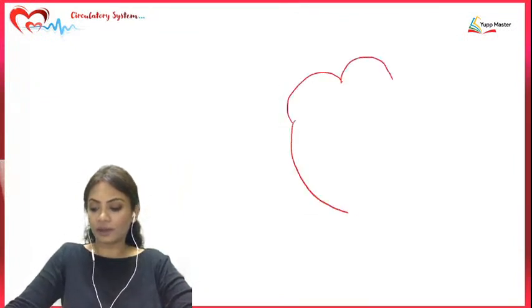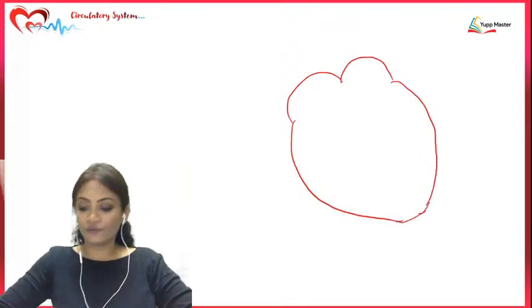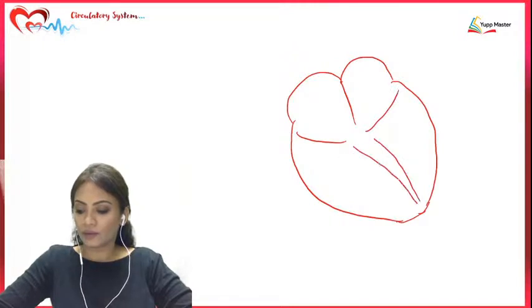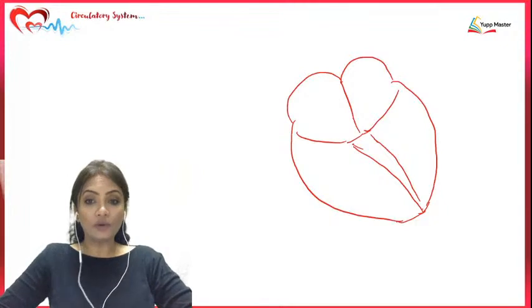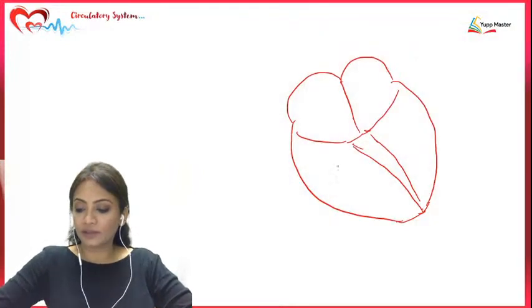We have a 4-chambered heart, a rough diagram of the human heart, where these here are our chambers. Now from here let us draw first the pulmonary trunk.